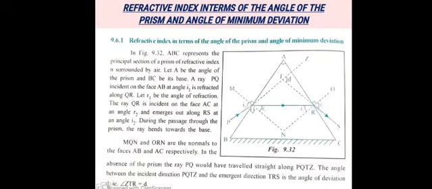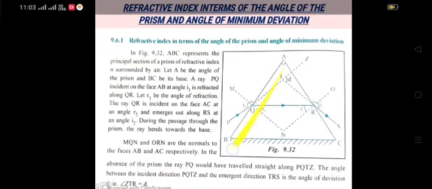Dear students, next is one of the very important derivations in ray optics, which is the refractive index in terms of the angle of the prism and the angle of minimum deviation. Here, let us consider a section of a prism ABC.